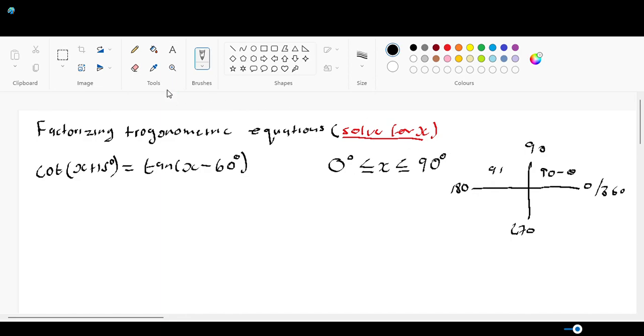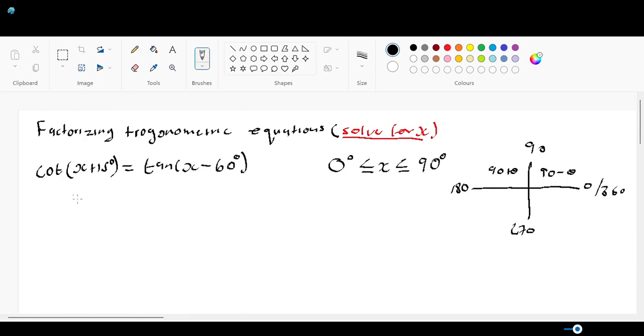But let's just stop here, because the restriction says x cannot be less than 0 but it can be equal to 0, and also it cannot be greater than 90. So it's within the first quadrant.